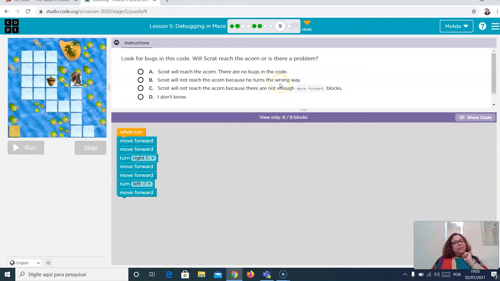I think letter B. C, Scratch will not reach the acorn because there are not enough move forward blocks. I think that B is correct, but I would do letter D.